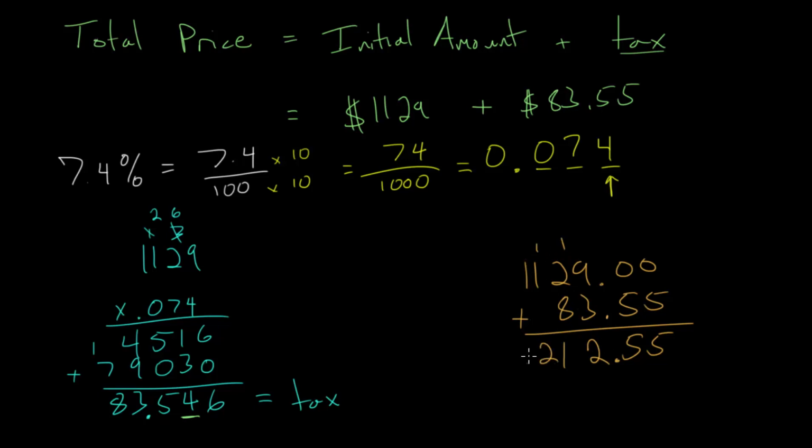We get a 2 and a 1. So our final answer, the total amount after tax that we would pay for our sofa, is $1,212.55. Keep in mind we did slightly round this since we don't do cents to the thousandths place. But this would be our final answer right here.